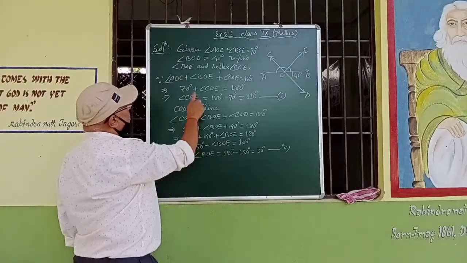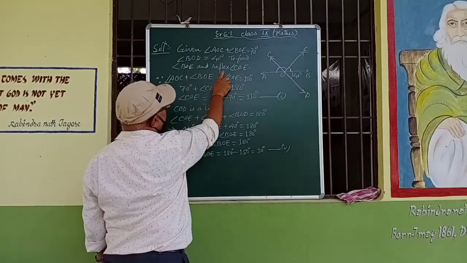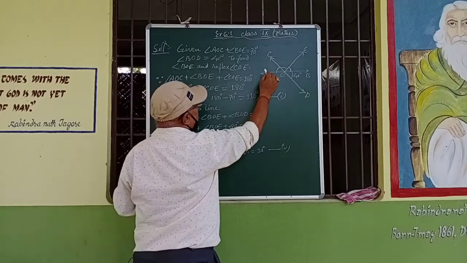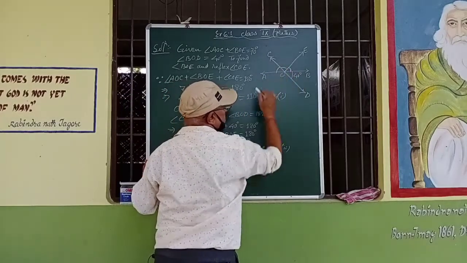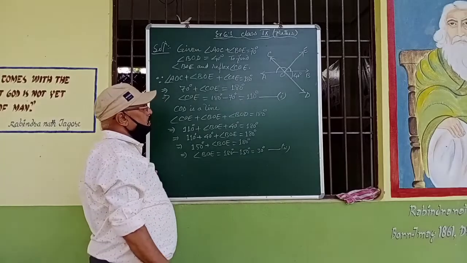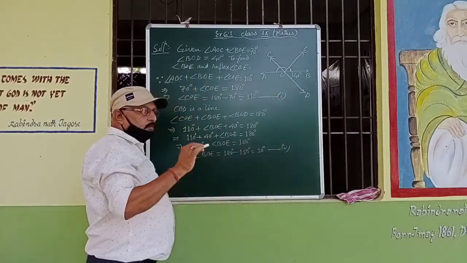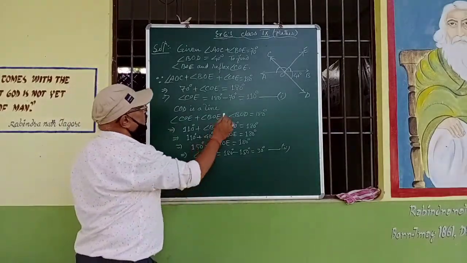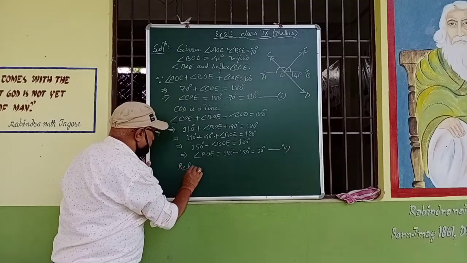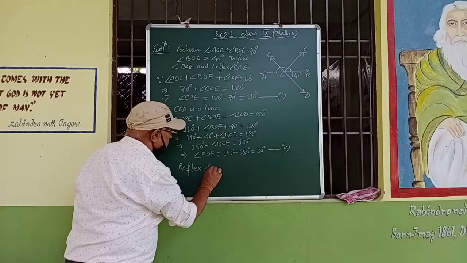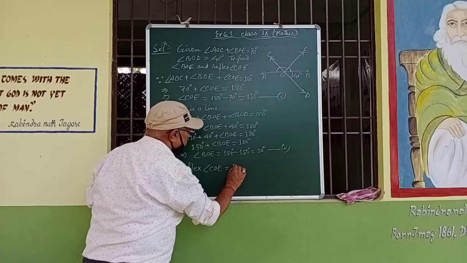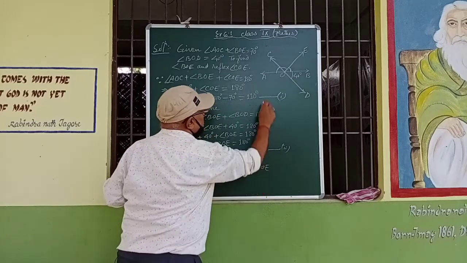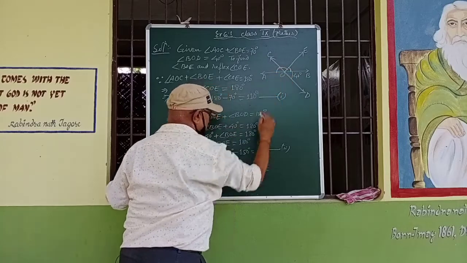Now we got BOE. Now we find reflex COE. Reflex COE means, the total angle is 360 degree, a complete angle. So reflex means more than 180 degree, less than 360 degree. Therefore reflex COE is equal to 360 degree minus angle COE, this angle, you subtract this from 360.